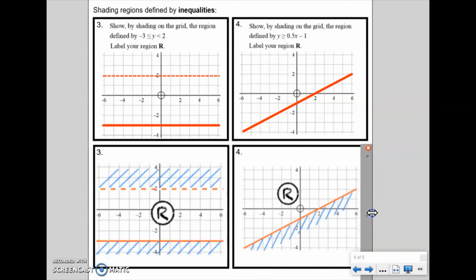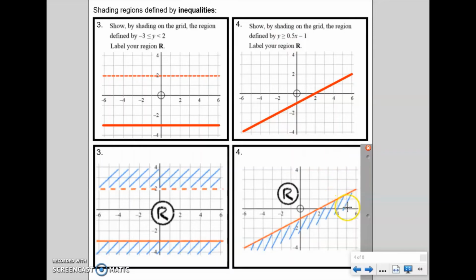So my completed answer looks like this. A nice straight line, and I was able to draw that by using my knowledge of y-intercept at -1. There we go. And a gradient of a half, one along, a half up. So I've drawn in a nice straight linear graph. It's a full line, and that is because of the inequality sign having this little line underneath it, greater than or equal to.